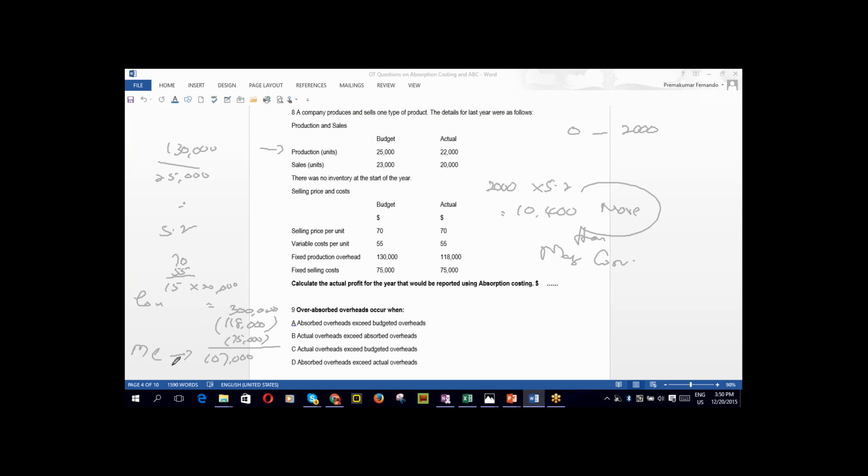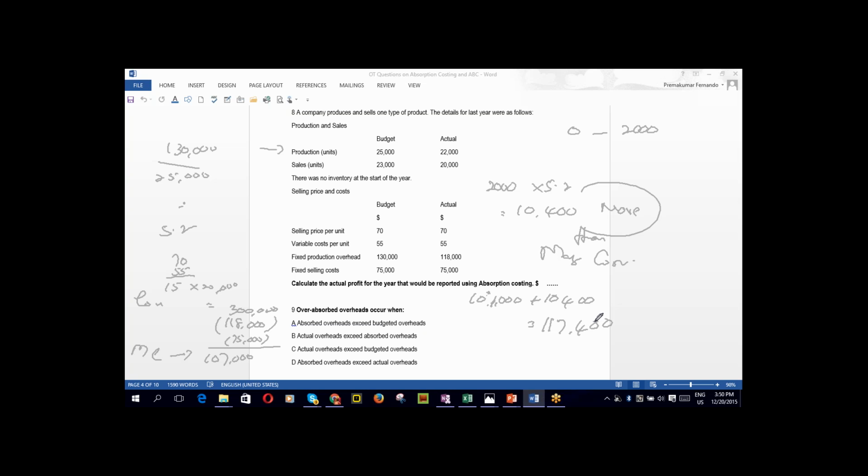So in that case, what is the absorption costing profit? It should be more by 10,400. So it is 107,000 marginal costing profit plus 10,400, the inventory difference, which will be the absorption costing profit. So this is a very, very famous examiner's question.